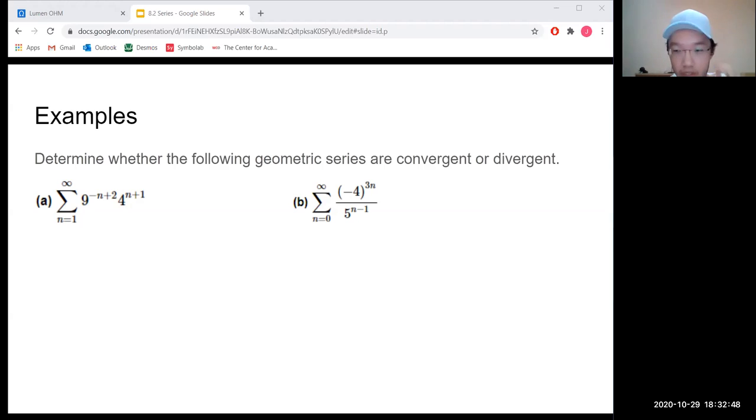Do you think so? Because the geometric series is like a times r to the n minus 1 or to the n, right? So it doesn't seem to be in that form. So it doesn't look like a geometric series. So then why are the directions calling it a geometric series?